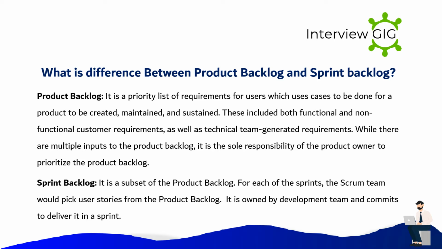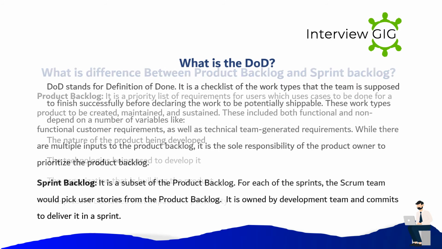While there are multiple inputs to the product backlog, it is the sole responsibility of the product owner to prioritize the product backlog. Sprint backlog: it is a subset of the product backlog. For each of the sprints, the Scrum team would pick user stories from the product backlog. It is owned by the development team, which commits to deliver it in a sprint.